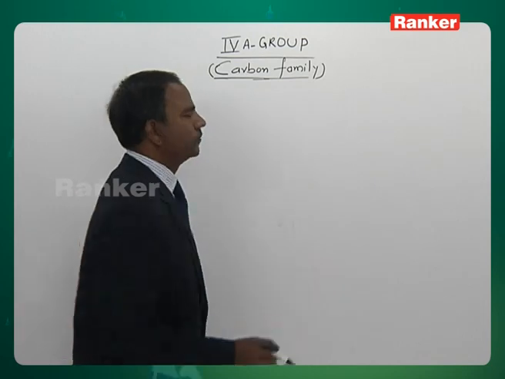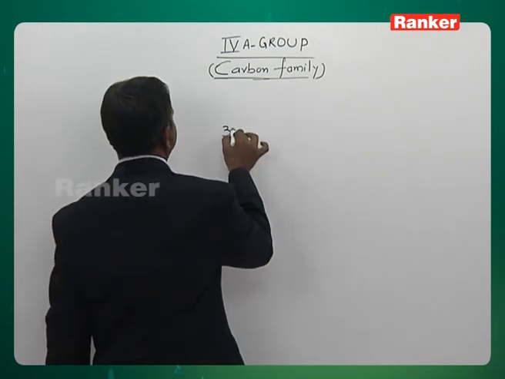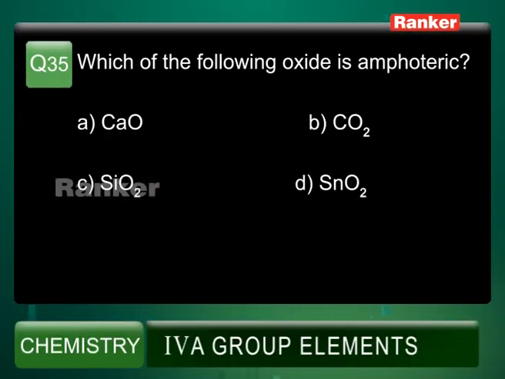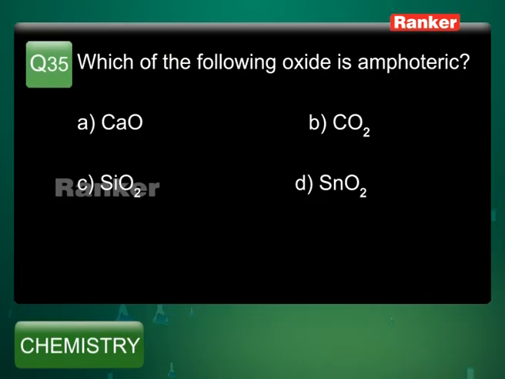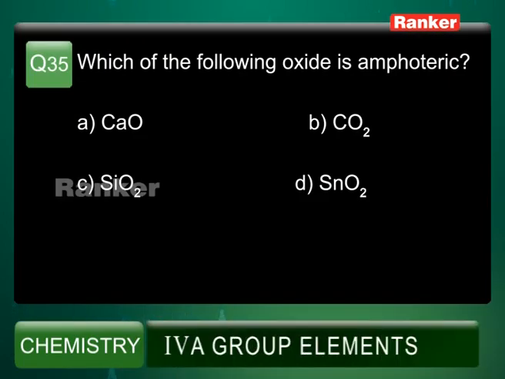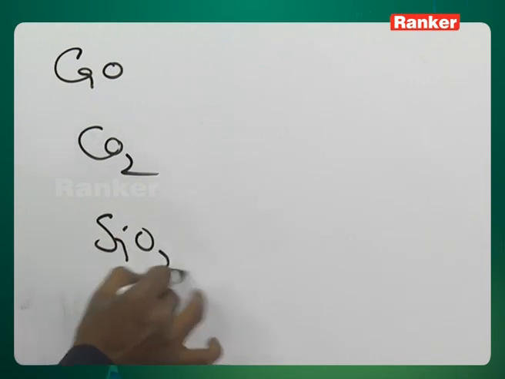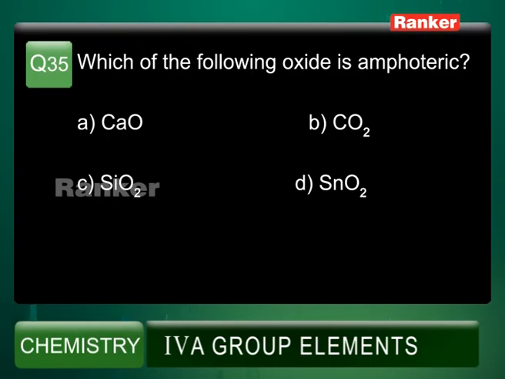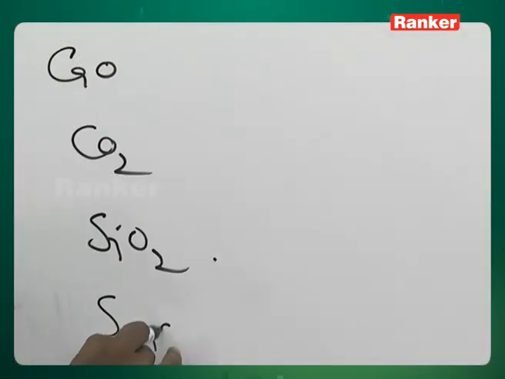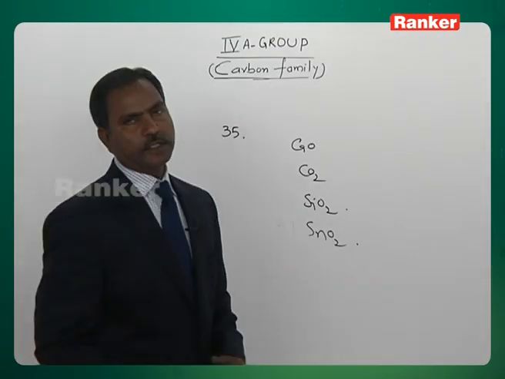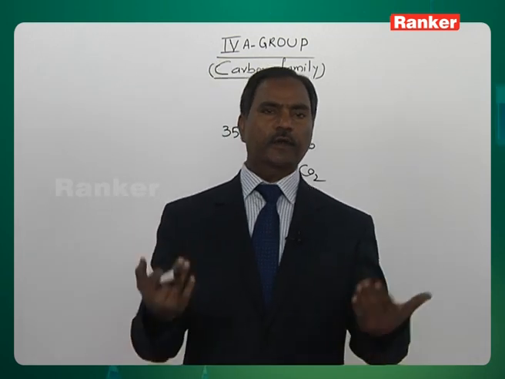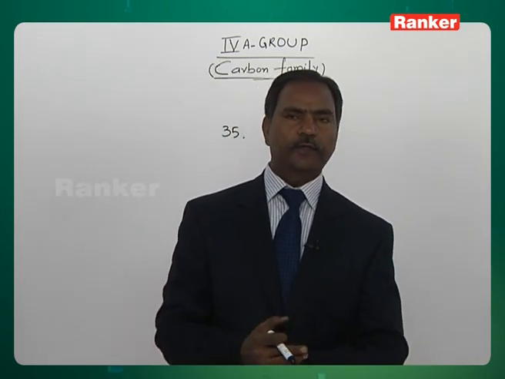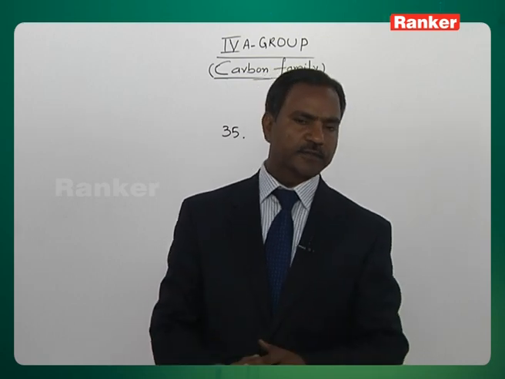Question number 35, which of the following oxide is amphoteric? Given as CaO, CO2, SiO2, SnO2. See, every time a question on oxides, nature of oxides, classification of oxide based on nature of oxides, you have to remember different types of oxide, what is the nature of those oxides.